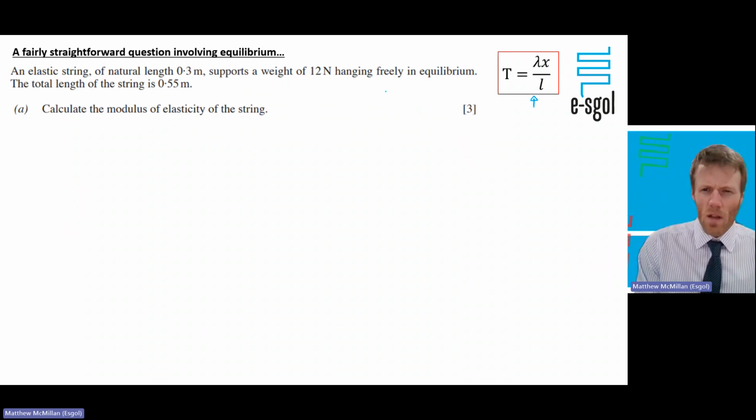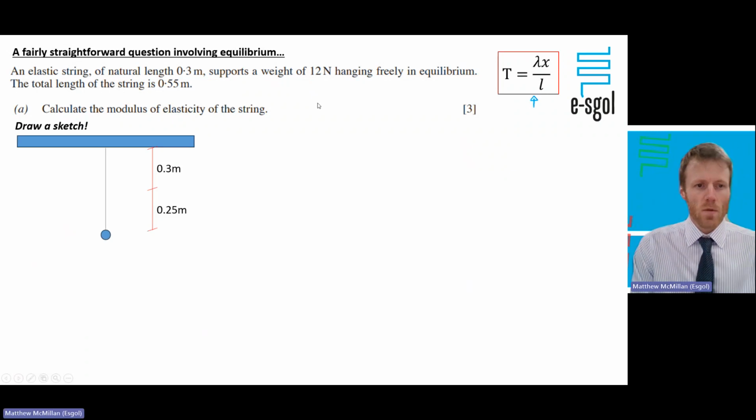The questions can be quite wordy. An elastic string, natural length, and it tells you the weight. For all of these questions, I would highly recommend you draw a little sketch or diagram of what's going on, even if the question appears quite straightforward. So I've drawn a little sketch here. This is an exam question.